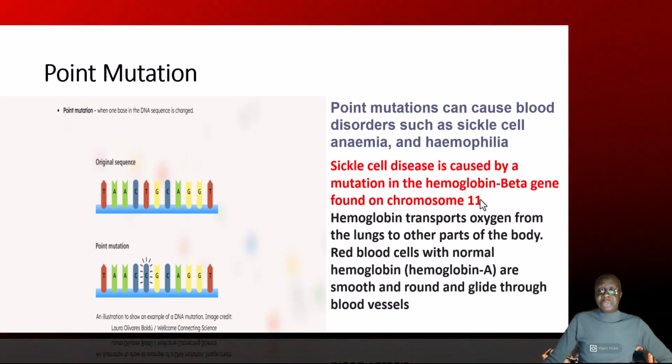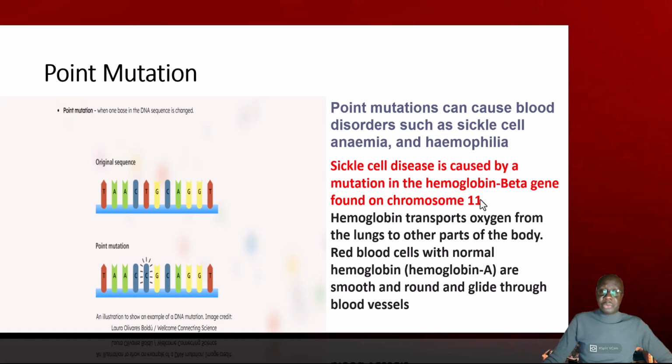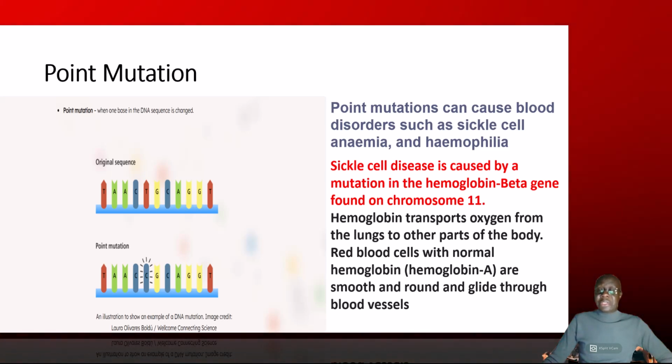If you pause the video and rewind a little bit and go back to the sets of chromosomes I was showing you earlier on, that we have 23 pairs of chromosomes, you can see where chromosome 11 is, and that is where sickle cell anemia and sickle cell disease can happen. If you inherit a bad copy of the gene that makes hemoglobin, which is the molecule that carries oxygen in our bodies.